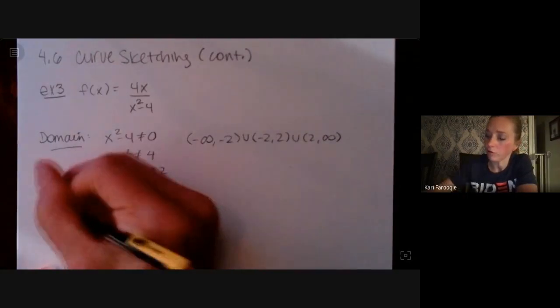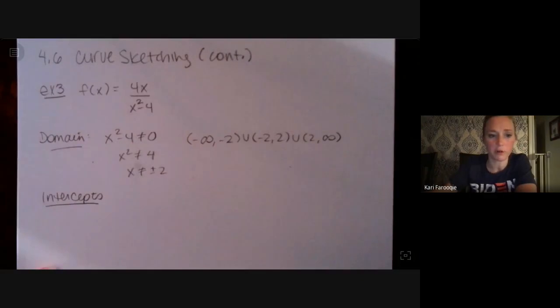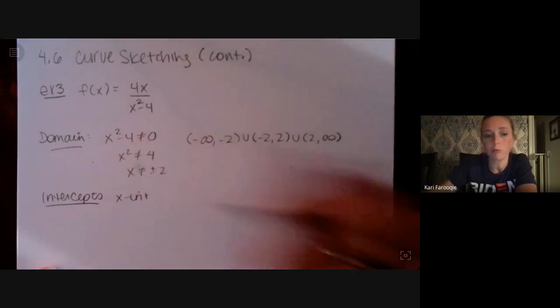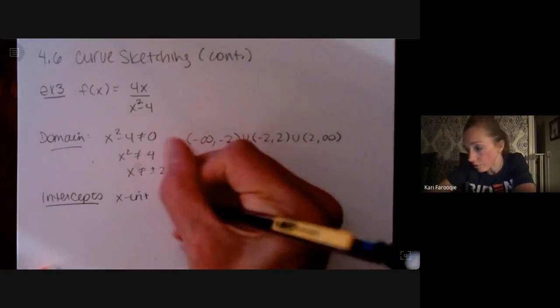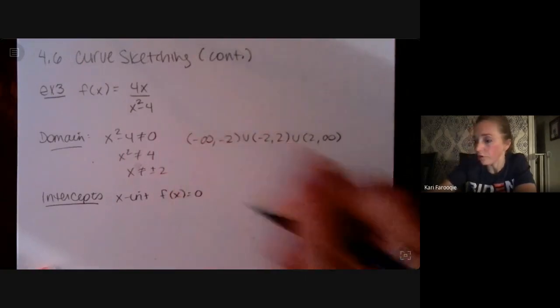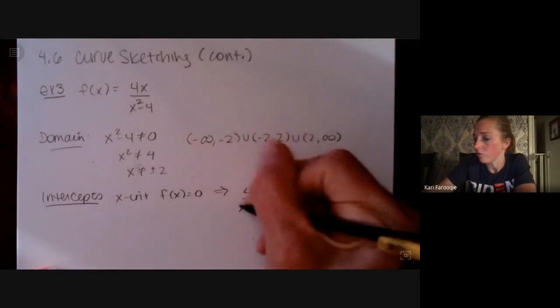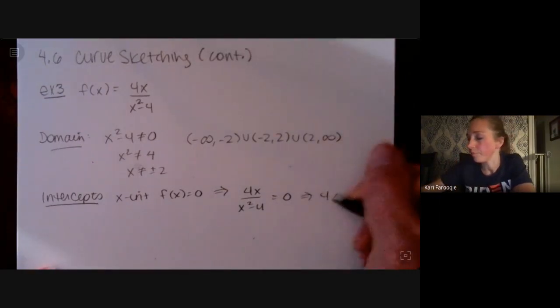The next thing we're going to do is look for intercepts, which will give us some nice points on the graph. We'll look for an x-intercept first. Remember to find the x-intercept, we let y equal 0. That means f of x equals 0. So we're going to take our function and set it equal to 0. In order for a rational expression to be equal to 0, we just need the numerator to be equal to 0.